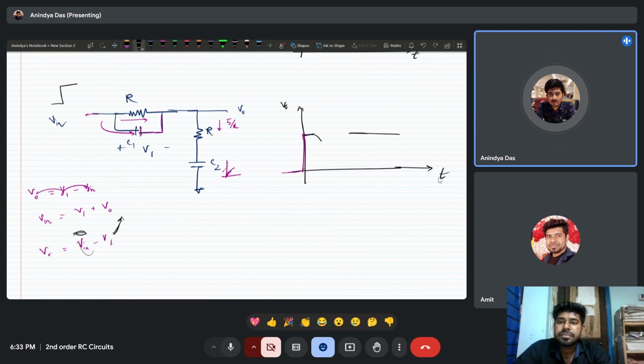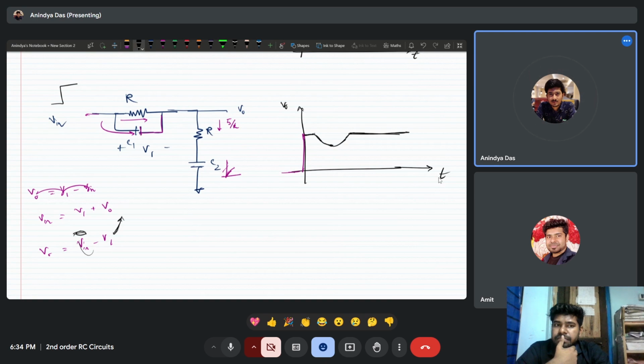So we can see that a certain drop happens at V0. The V0 voltage will fall up to a certain point, then it rises again to go to the steady state.